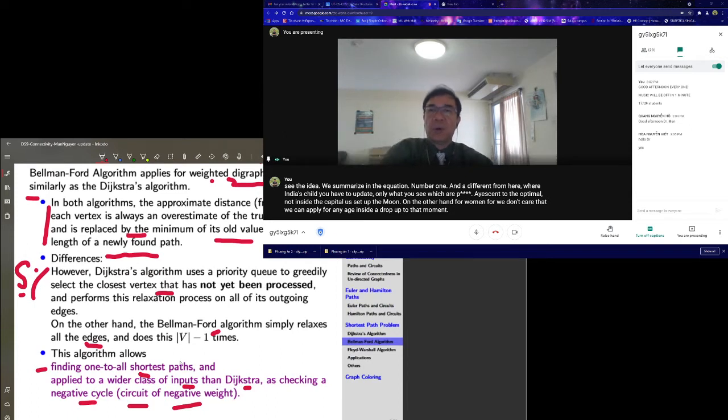So Bellman-Ford finds one-to-all shortest paths, and can be applied to a bigger class of input, allowing you to check for a negative cycle. If some negative cycle exists on the way, then the algorithm will stop.